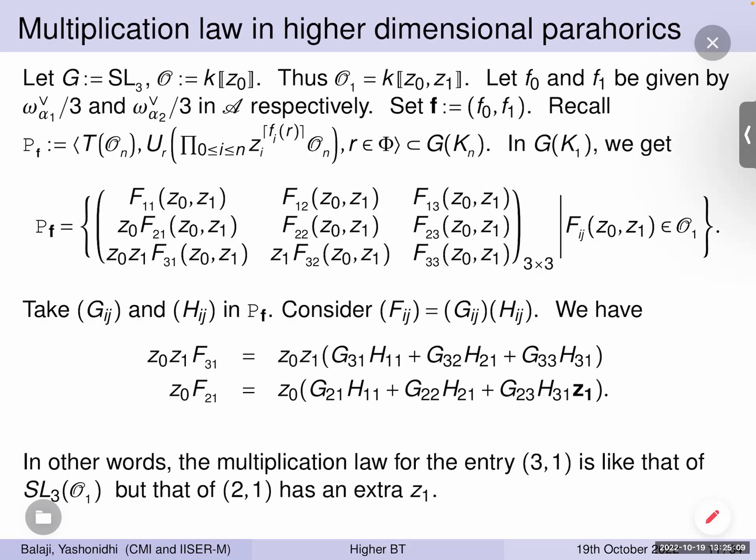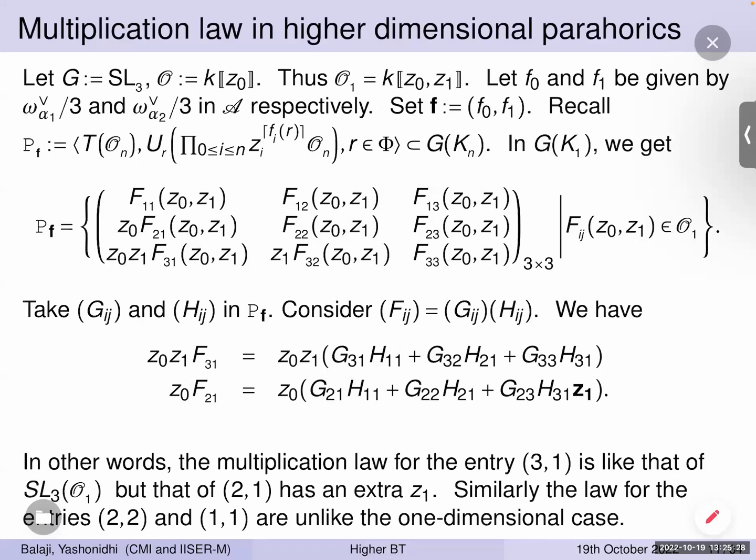But what I'm trying to emphasize is that the 2,1 entry has this extra z1 when we multiply. And similarly, the entries 2,2 and 1,1 are unlike the one-dimensional case. So these are new features that appear in the multiplication law in high-dimensional parahorics.